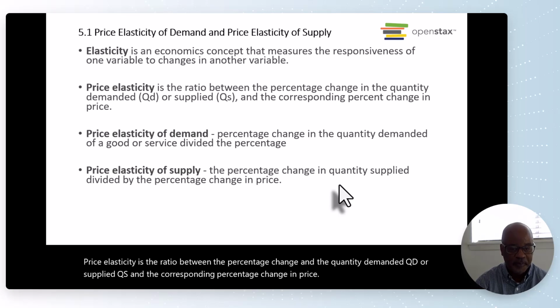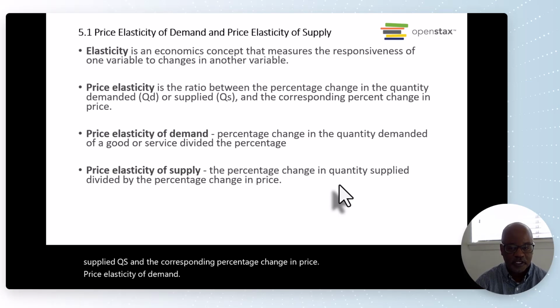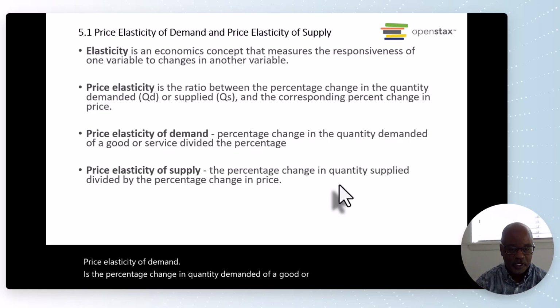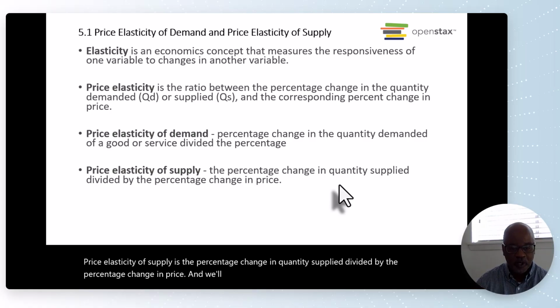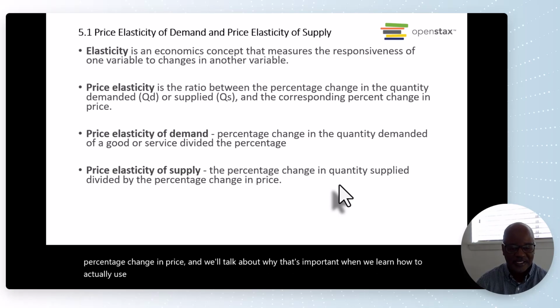Price elasticity of demand is the percentage change in quantity demanded of a good or service divided by the percentage change in price. Price elasticity of supply is the percentage change in quantity supplied divided by the percentage change in price. We'll talk about why that's important. We actually use a formula to measure elasticity.